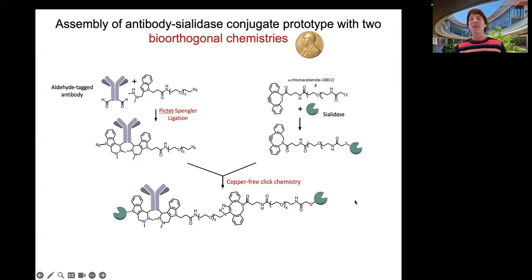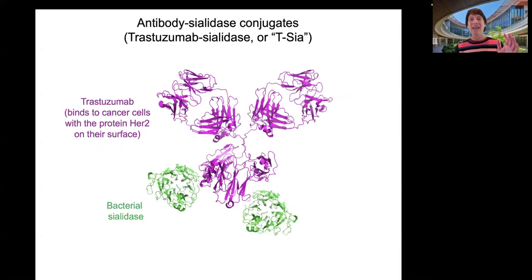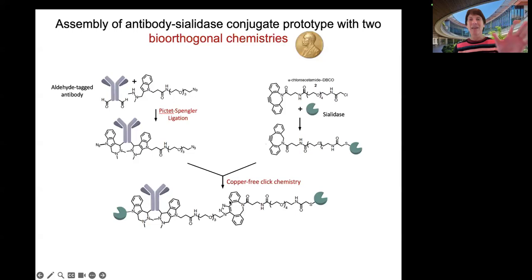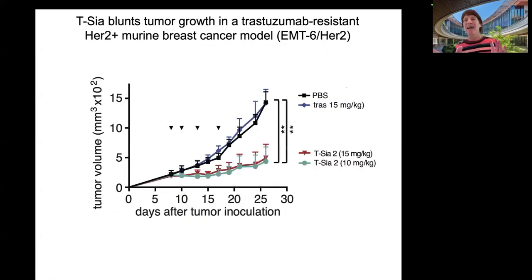And I bring that up now because we used that chemistry to attach the two proteins to each other. So bioorthogonal chemistry is how we connected the pink antibody part with the green enzyme part. And here are some chemical details for anybody who's interested in that. But to make a long story short, we were able to make this antibody sialidase fusion protein.